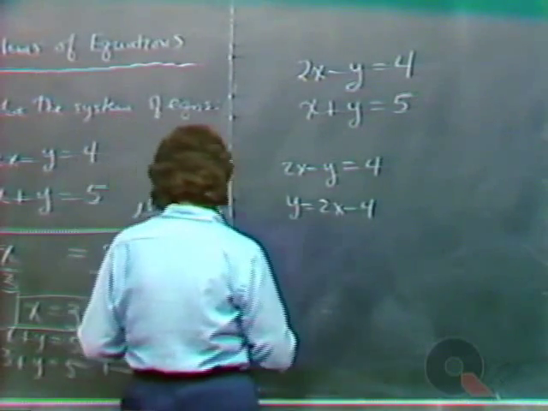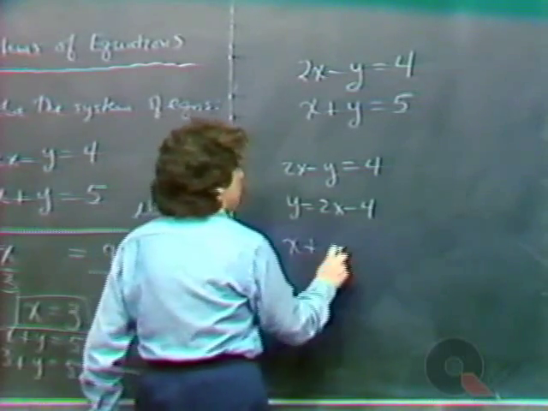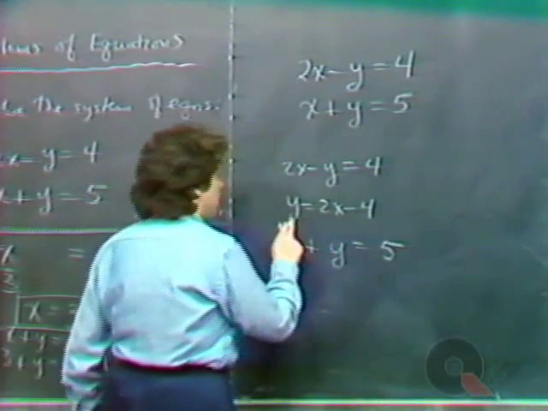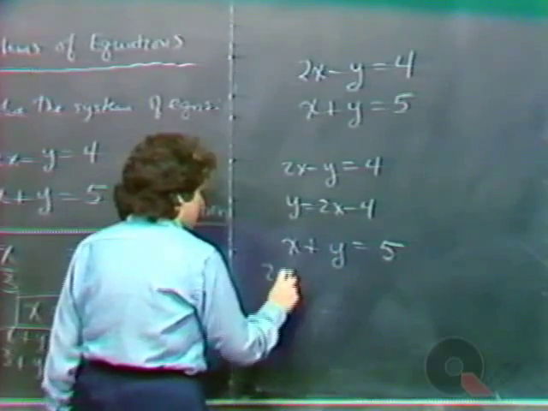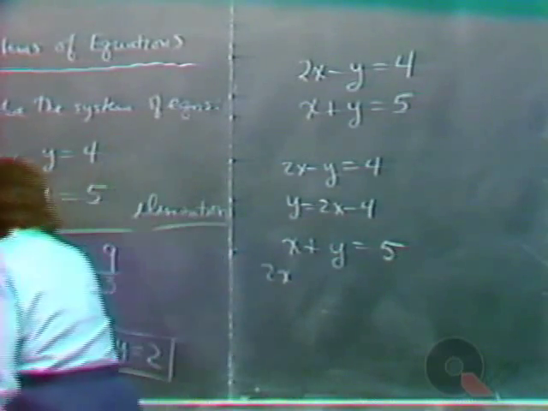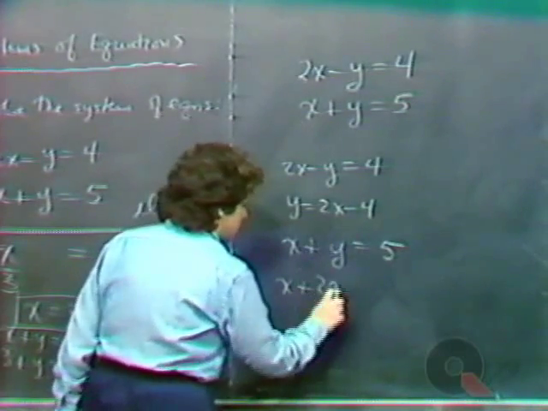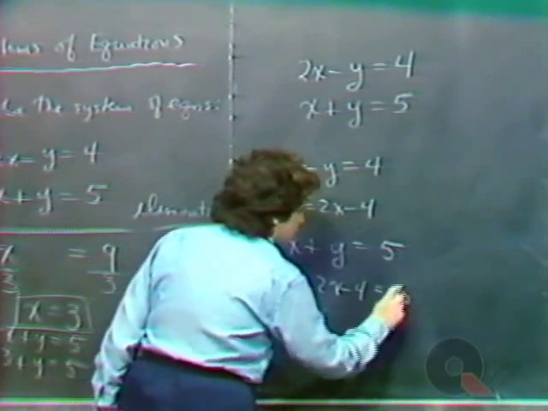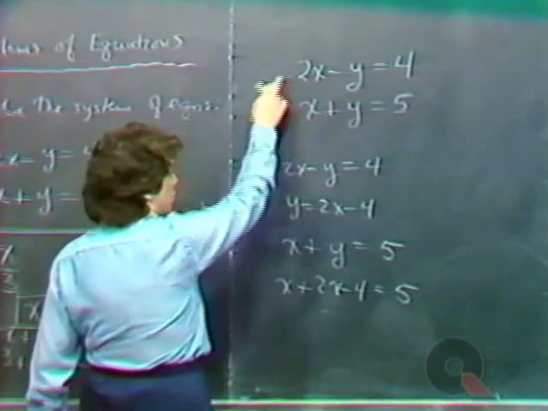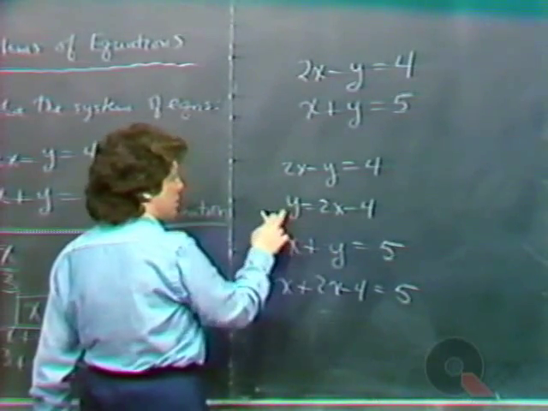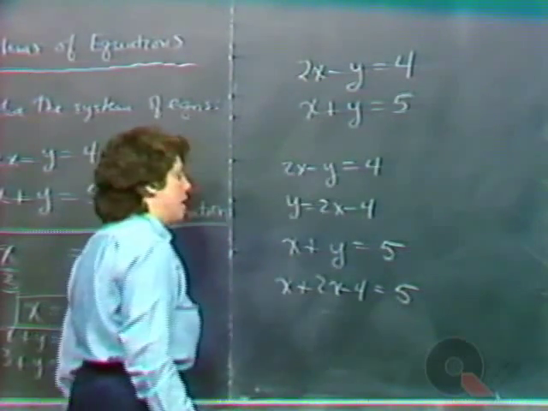So we have x plus y equals 5, but y is 2x minus 4. See, we solved the first equation for y, then took this value for y and substituted into the second equation.